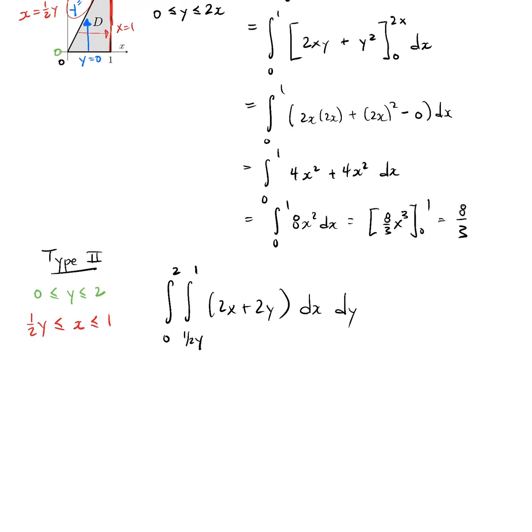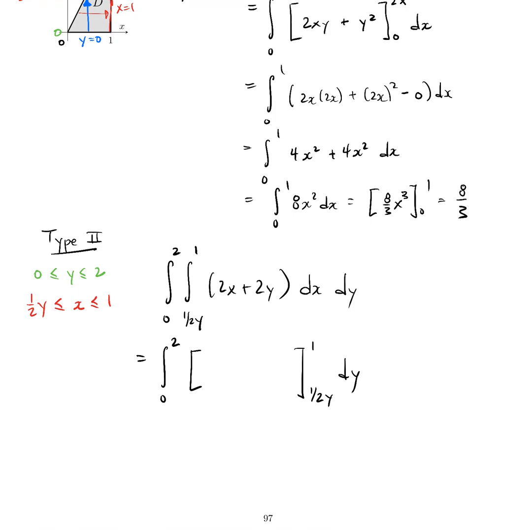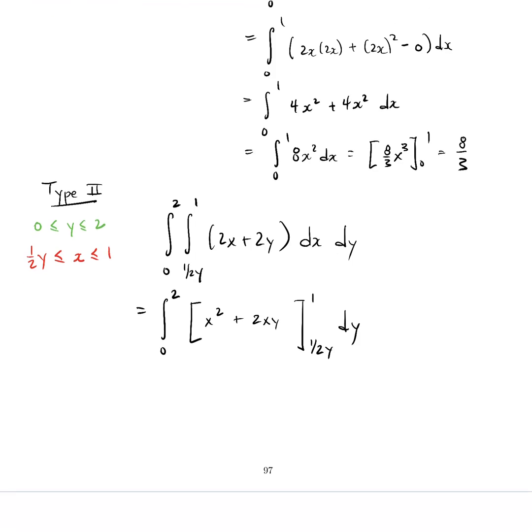So we're running the inside integral in terms of x, so we're looking for an antiderivative that we will then use the FTC on from 1/2 y to 1, and then the result will be integrated with respect to y. And so for this integral here, we need an antiderivative with respect to x. We're going to get x squared plus 2xy, and we need to run this from 1/2 y to 1.